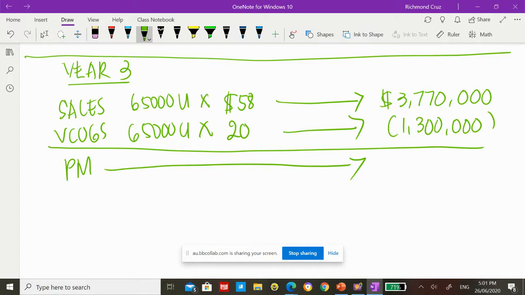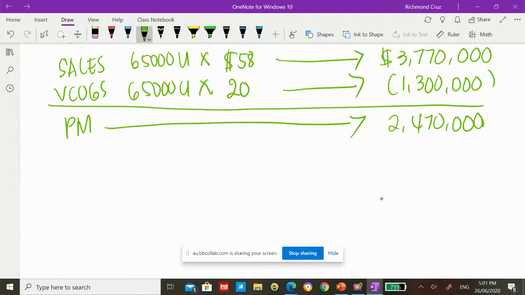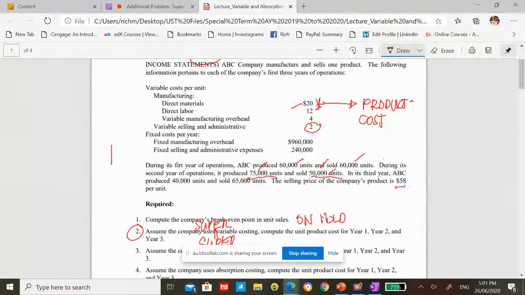And this is our product margin: 3,770,000 minus 1,300,000, that is 2,470,000. We need to deduct the direct labor costs, and that is based on the units produced, to make it the same with absorption costing and variable costing as we prepared in our previous discussion.